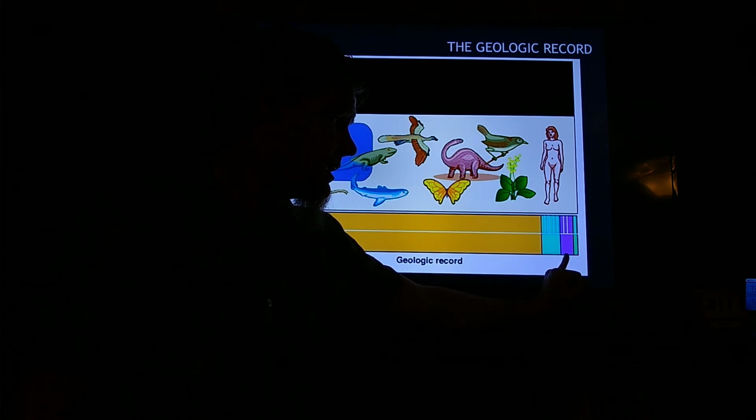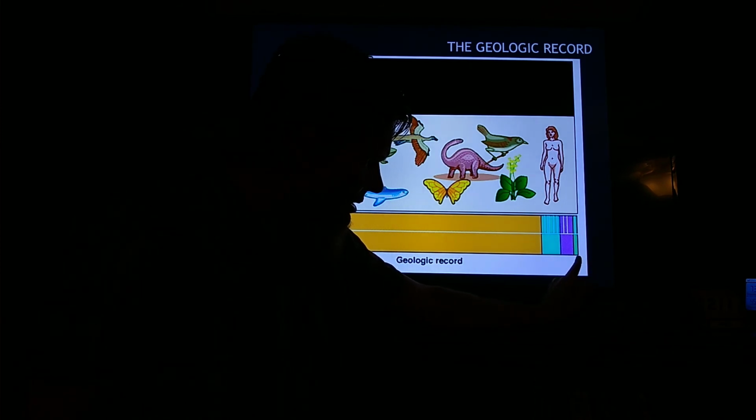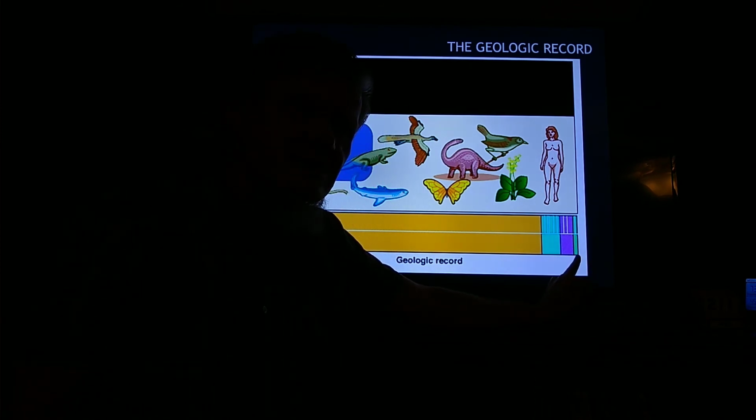This purple one, notice how each time we go it gets shorter. This purple one is called the Mesozoic. This last green one is called the Cenozoic. This last green one is where we are today. Just to give you a frame of reference, do you see how skinny that green one is?